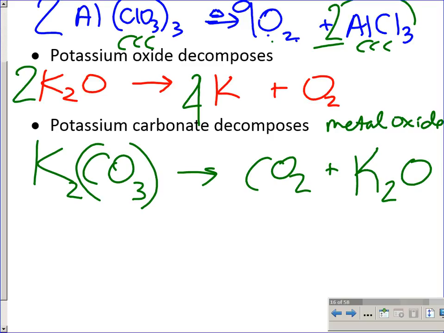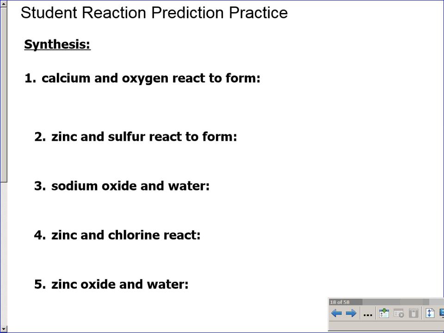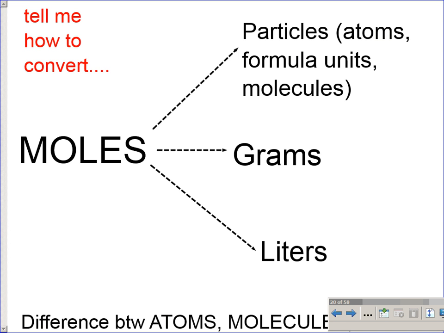Those are your synthesis and decomposition examples from last week that we didn't get to do. So take another minute. I'm going to give you the notes for single replacement to write down on your foldable or in your notes, whichever way. I thought the foldable would be a nice change of pace, to give some variety to your notes. I have this stuff on paper, and I'll give it to you in a couple of minutes.